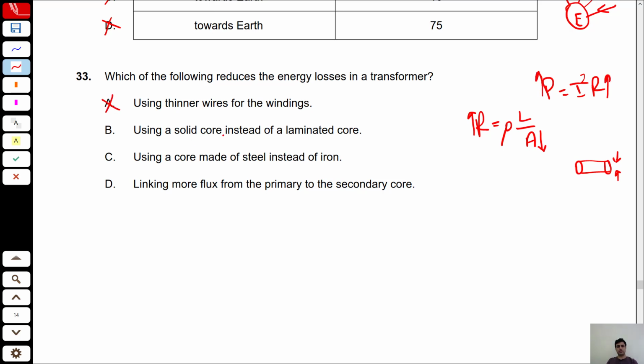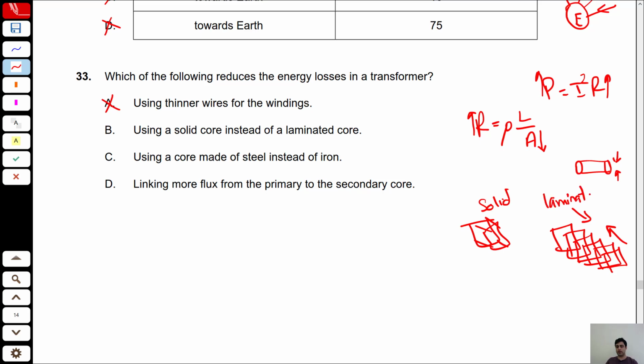No. So imagine this is a solid core and this is a laminated core. A laminated core has a lot of laminated sheets that are joined together. So this is solid and this one is laminated. The main difference is that in a transformer, the metal conductive core itself undergoes electromagnetic induction.